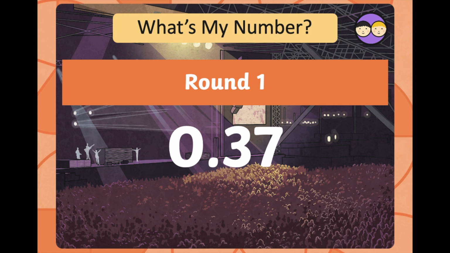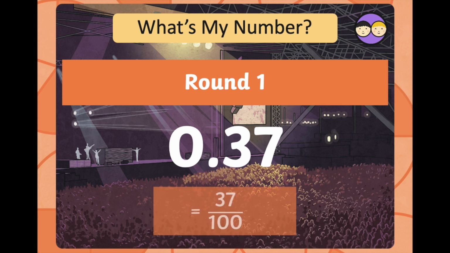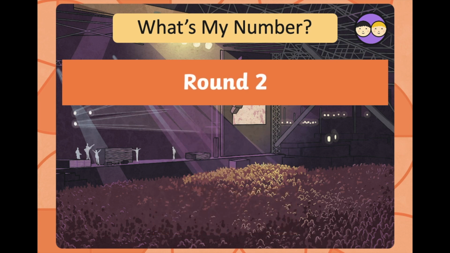Time's up. How did you do? So you should have got 37 over 100. Well done if you were able to describe 0.37 correctly. Ready for round 2?